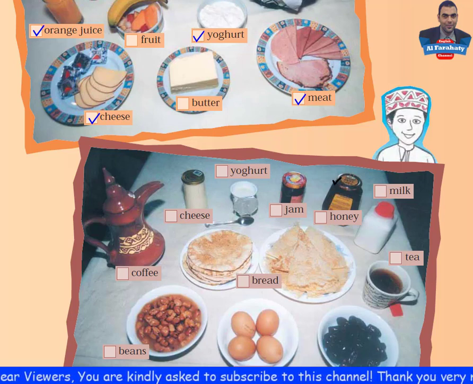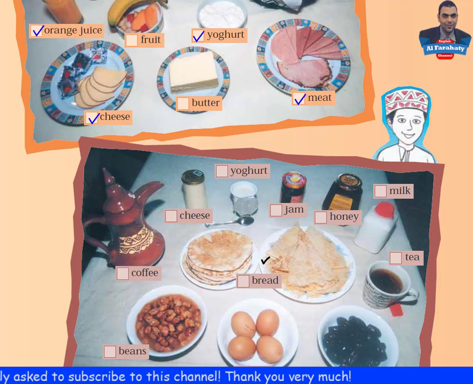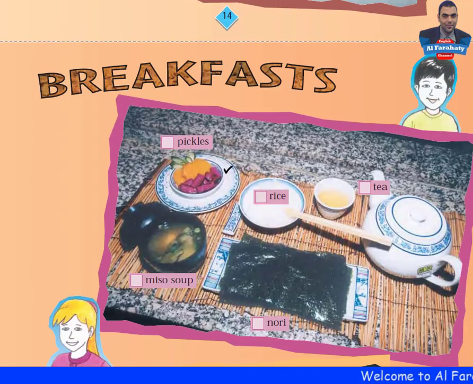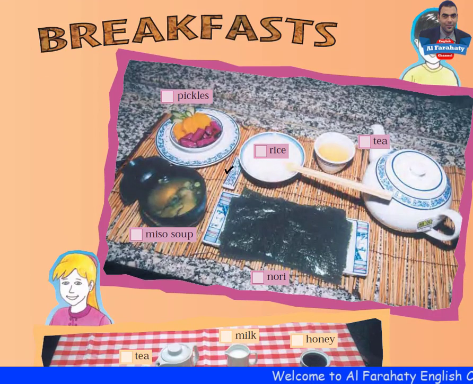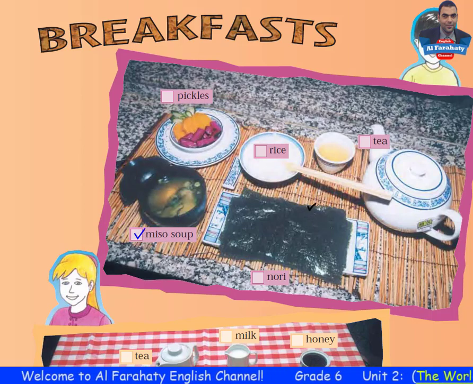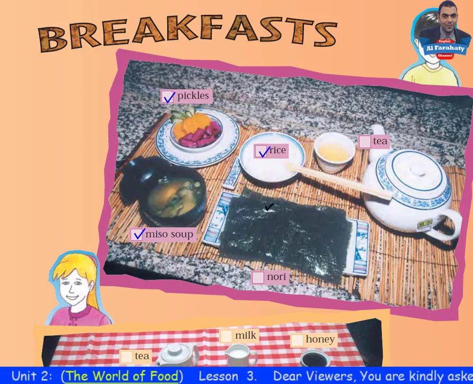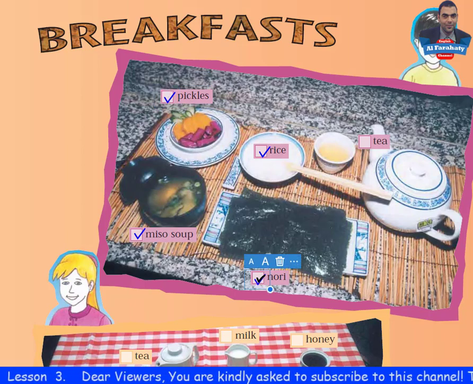Ahmed eats bread, honey, tea, yogurt, and here Toshi eats miso soup, rice, pickles, nori, that's dried seaweed, and green tea.